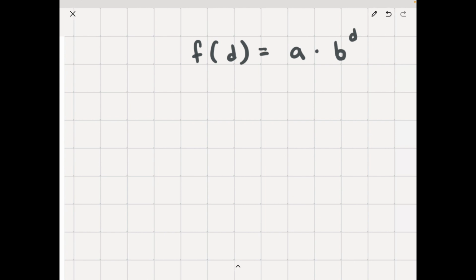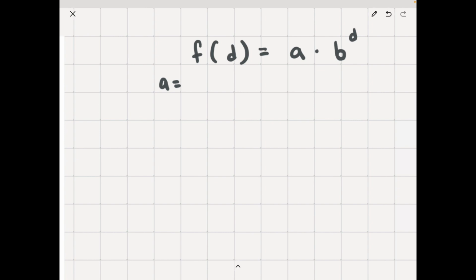But A and B are going to be numbers, right? D is still our variable, but A and B are numbers: A represents the starting population, and B represents the growth factor. Okay, so let's just take a quick note of that.